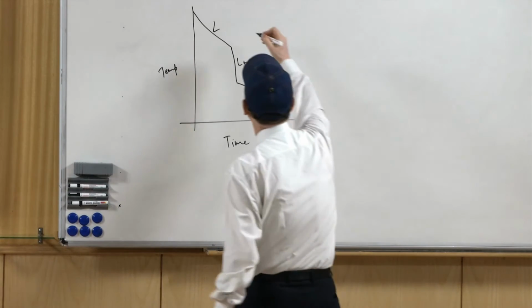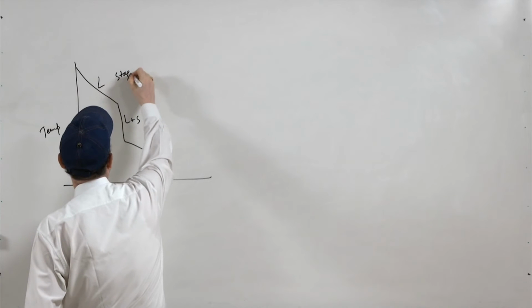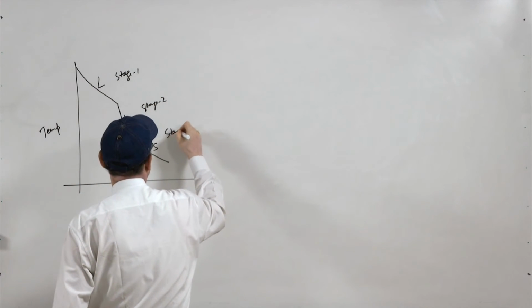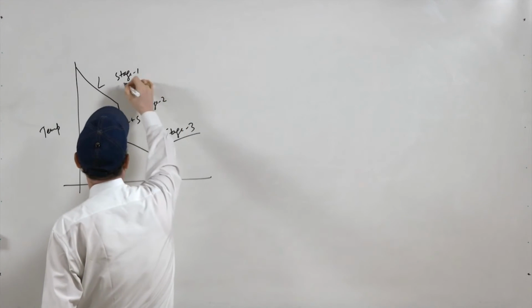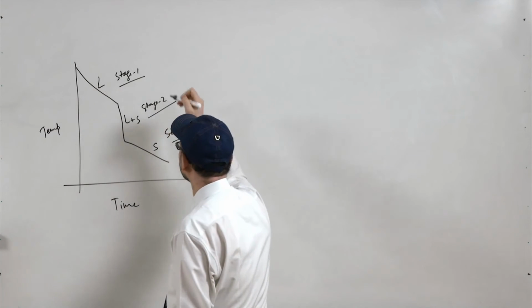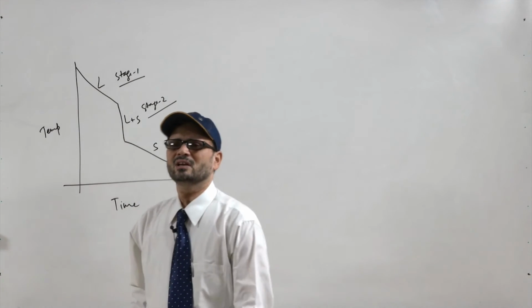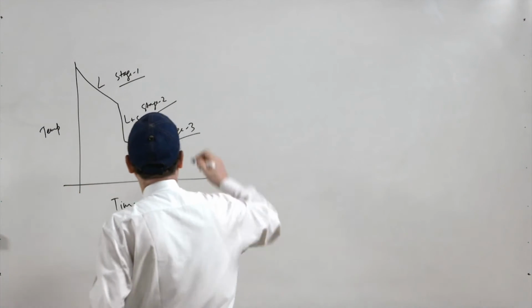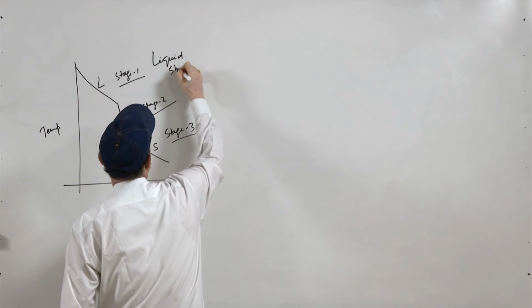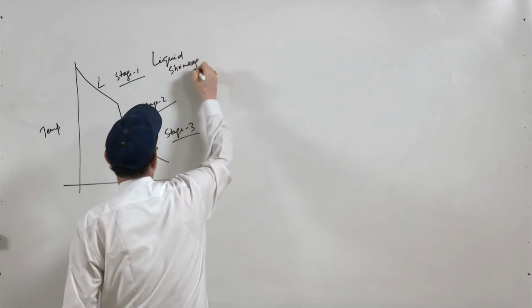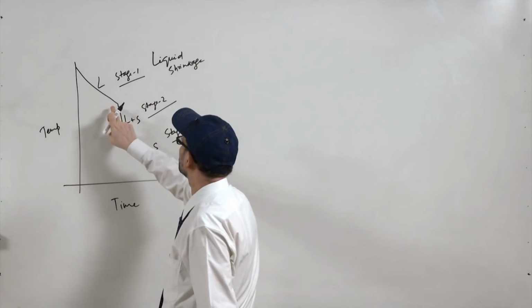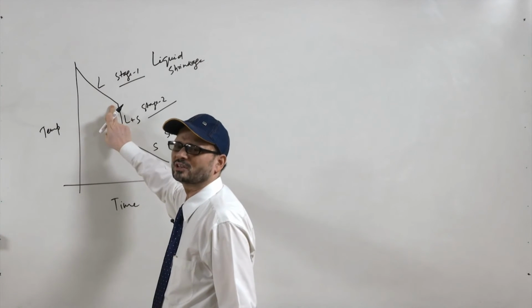Now, this is stage 1, this is stage 2, and this is stage 3. This is known as the liquid shrinkage, this is known as the solidification shrinkage, and this is known as the solid shrinkage. The liquid shrinkage is the shrinkage which occurs when the temperature is decreasing from the pouring temperature to the solidification temperature or liquidus temperature.